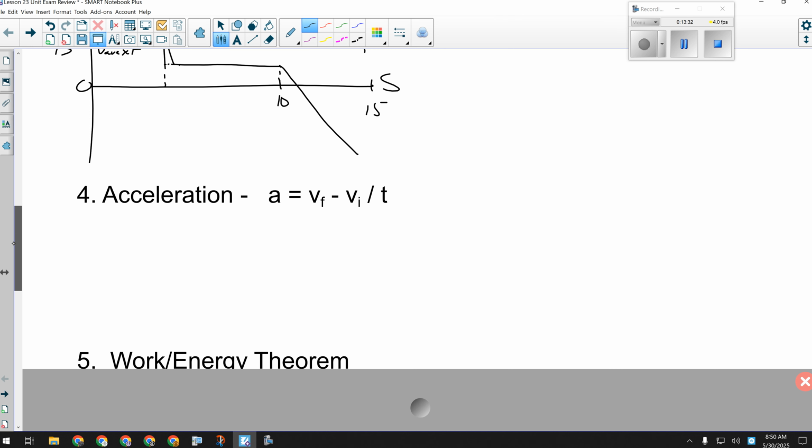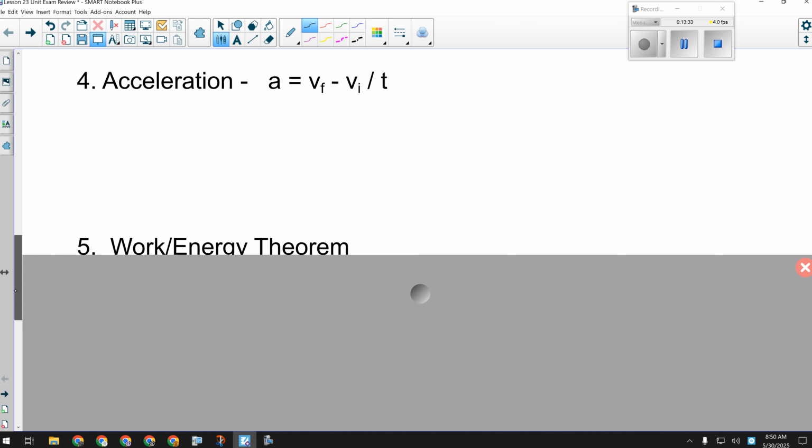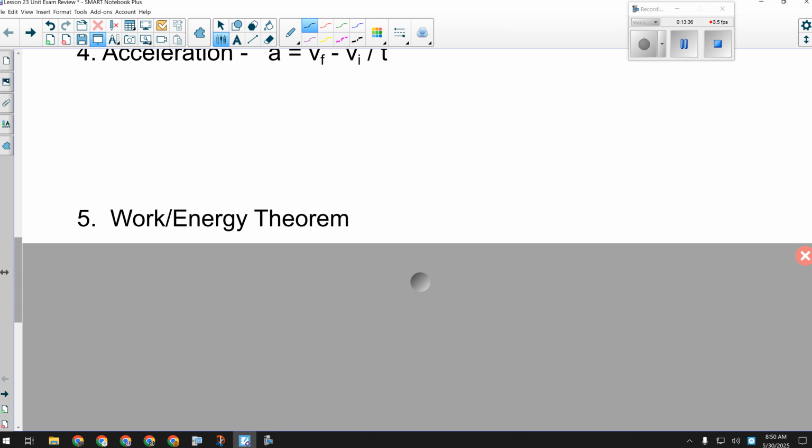Okay, then we went to the work energy theorem, which is actually quite a bit more recent. The work energy theorem says that work is a change in mechanical energy. For us in Science 10, that'll be either kinetic or potential. You guys were getting pretty good at this, so I'm not too worried about it for you.